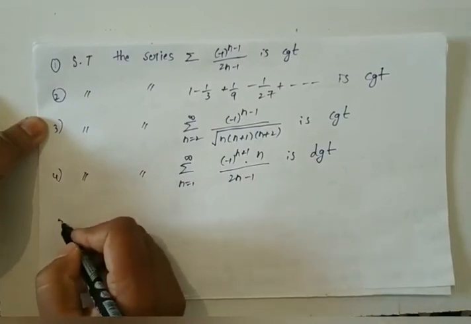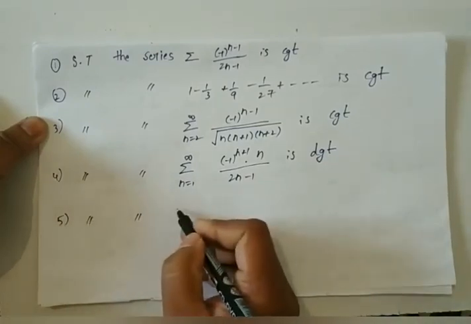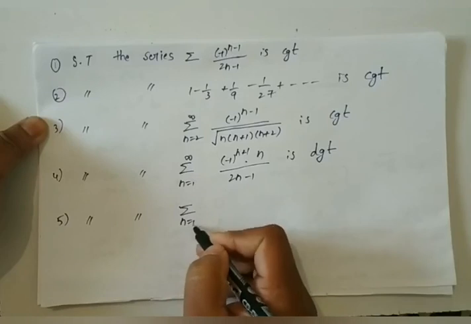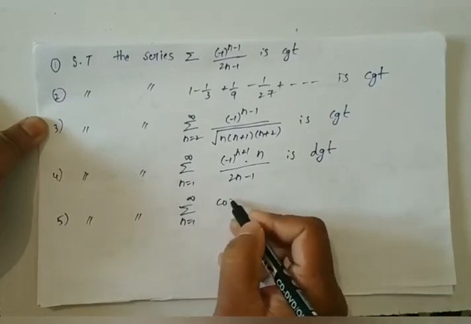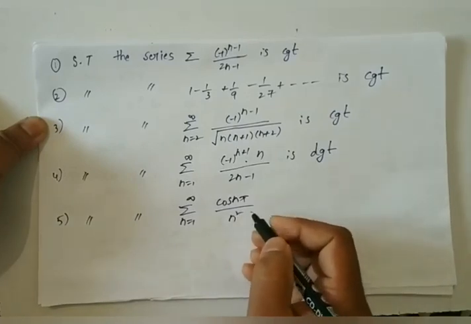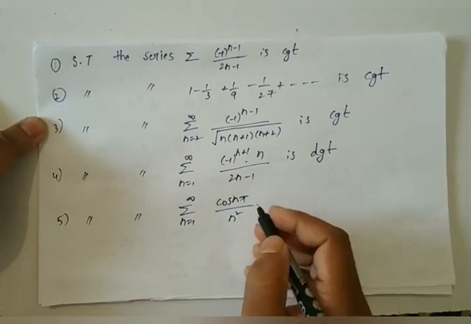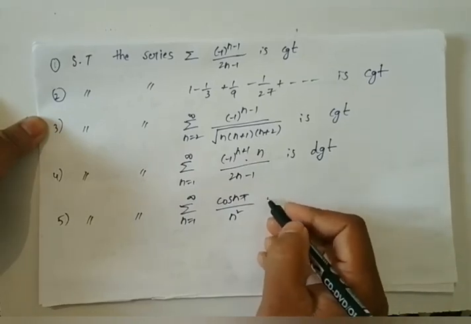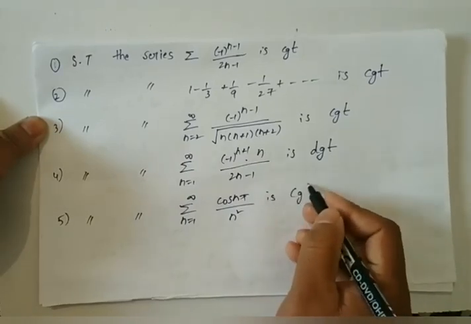Fifth, show that the series summation n equal to 1 to infinity cos n pi by n square is convergent.